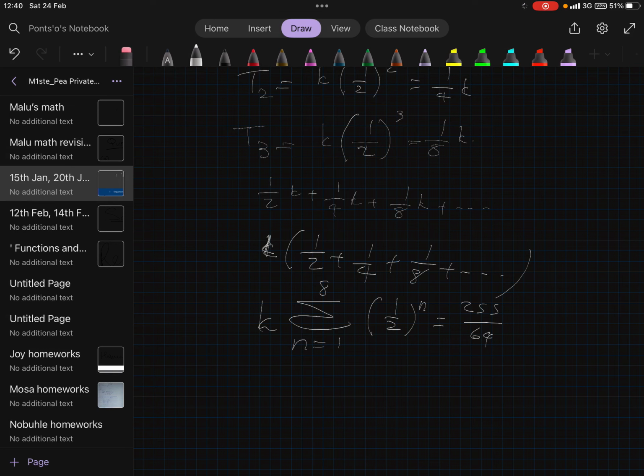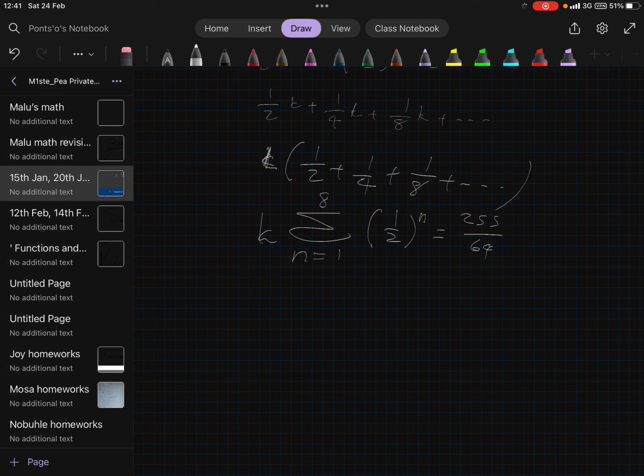We're already given that if we add the 8 terms of the series k times a half to the power n, we will get 255 divided by 64. We can take out k as a constant to the other side of sigma notation so that we can deal with just the terms in the series and find the common ratio.